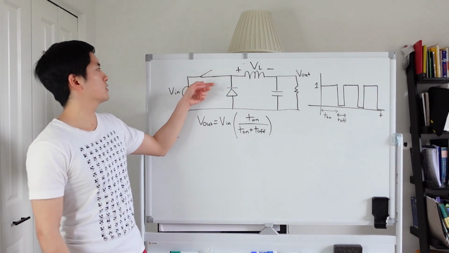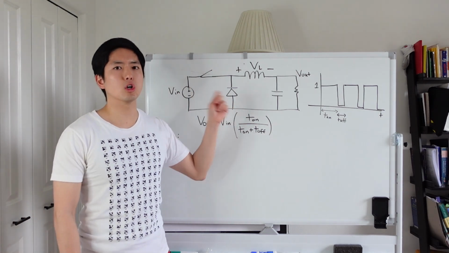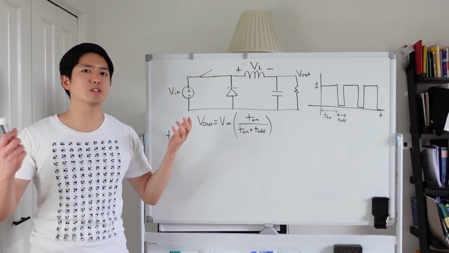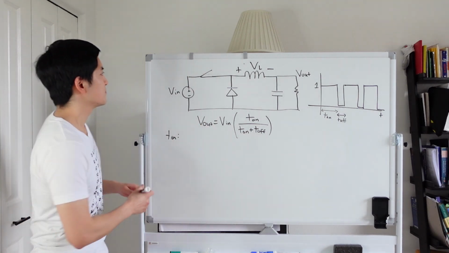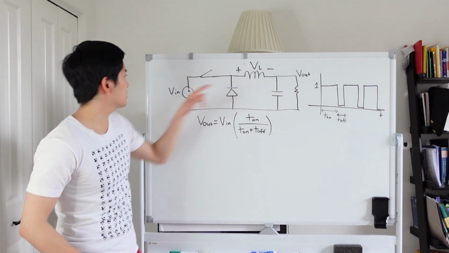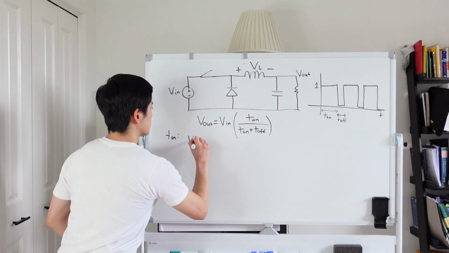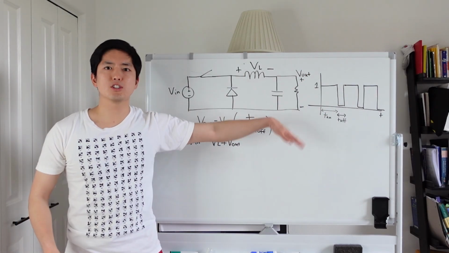So now that I have this switch closed, what would my equation look like if I'm trying to analyze this circuit? Well, we can do simple KVL. That's Kirchhoff's voltage law. So we know VL, V out, and V in. So we have a simple equation here. Let me draw some signs just to make it clear.